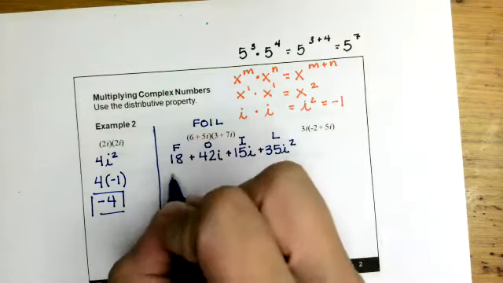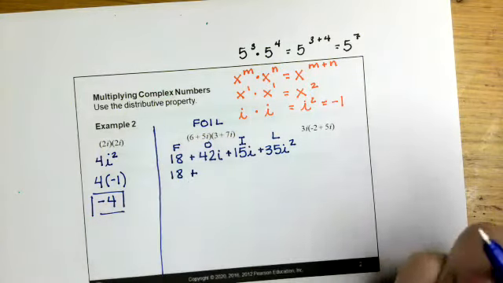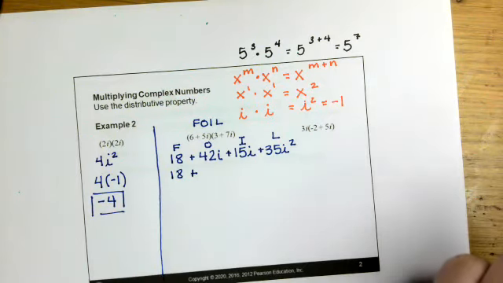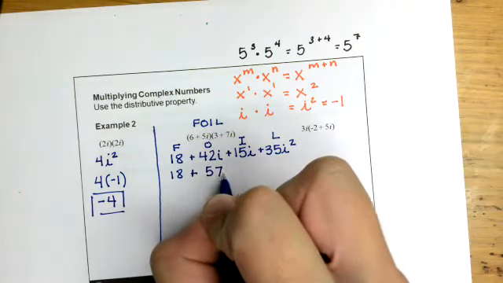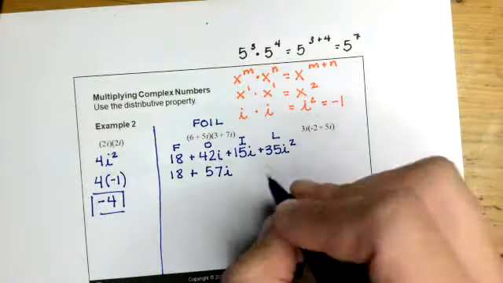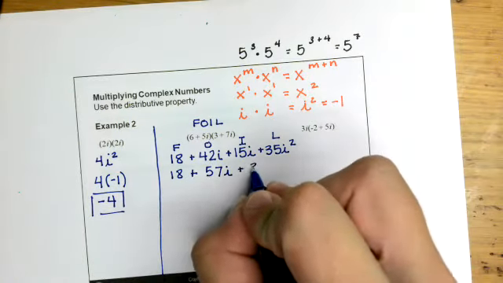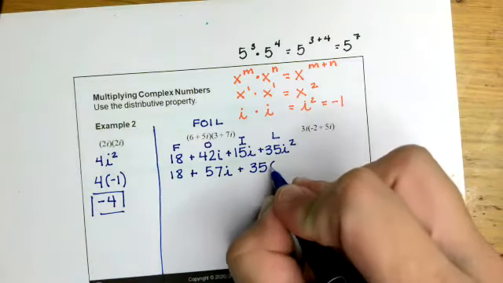Now let's simplify. 18 plus 42 plus 15 is 57. What can I do to I squared? I can turn it to a -1.